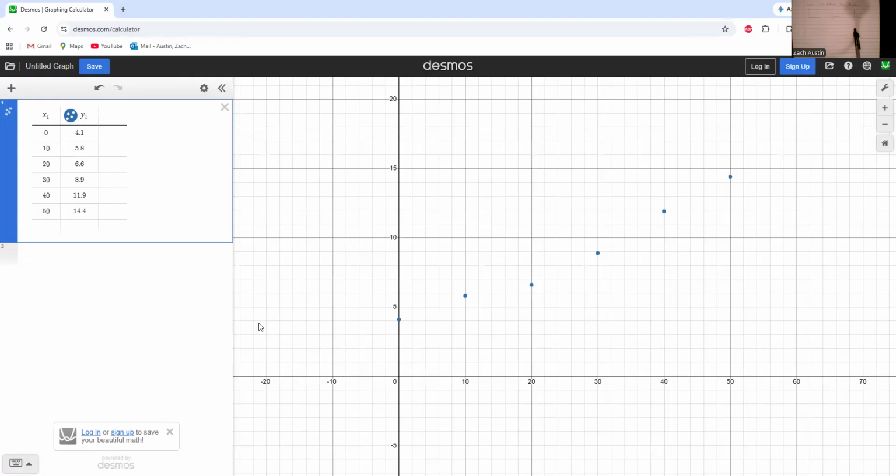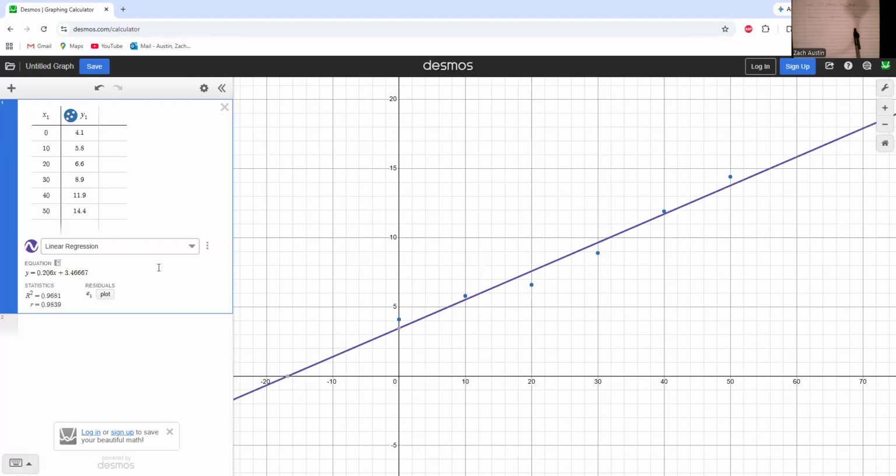So what I'm going to do here is check both a linear and a quadratic model, and then pick the one that has the better R squared value. Sometimes we need to let Desmos do that work for us because it's very easy to check both. If I try a linear regression, my R squared is not the worst. We don't hit every single point, but 0.97 is not bad.